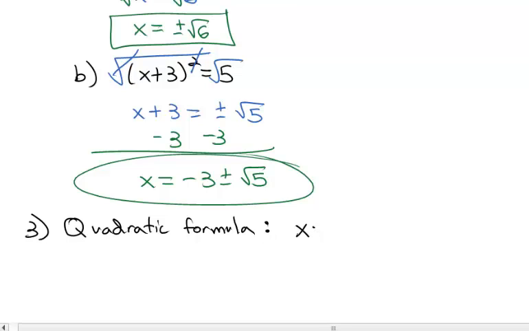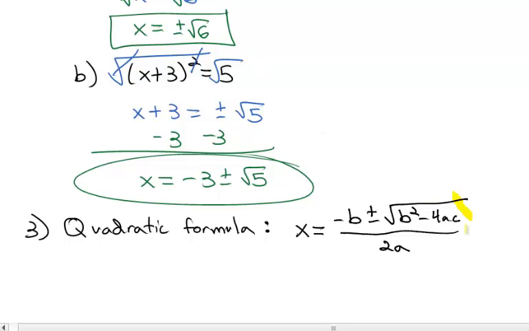If you don't have it memorized yet, memorize it now. X is equal to the opposite of b plus or minus the square root of b squared minus 4ac all over 2a. This is an important formula for you to have memorized in this class and your future math classes as well.